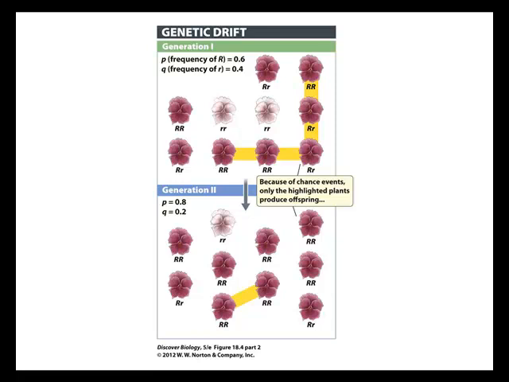You basically have lost your diversity. And that's very negative for groups, and I'll show you some real-life examples of that in class. Small populations are especially vulnerable to this because you can only lose a few and you've completely wiped out all your dominant alleles or all your recessive alleles for a particular trait. So small populations are especially at risk. But that's another way that populations can change over time.